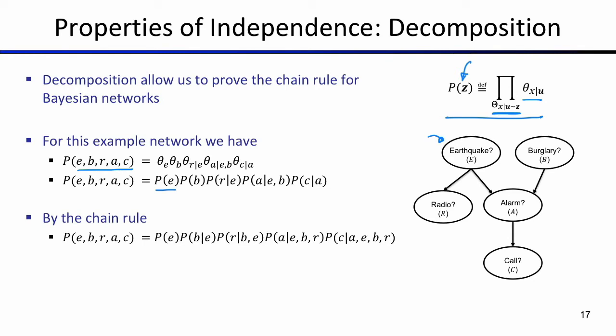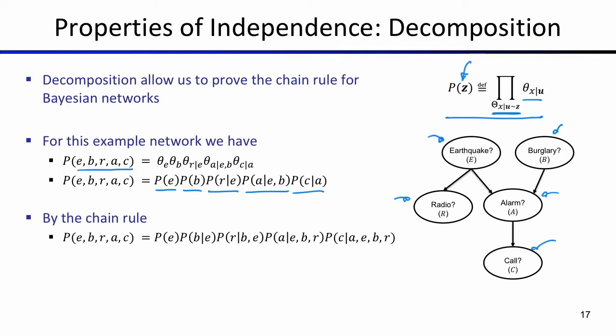The probability of B, because B also has no parent. The probability of R given E, because R has one parent, that is E. The probability of A given its 2 parents, these are E and B, and the probability of C given its only parent A.